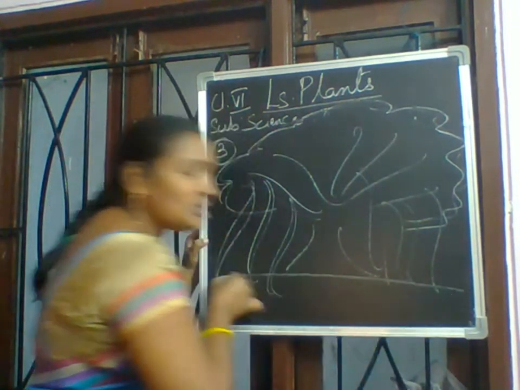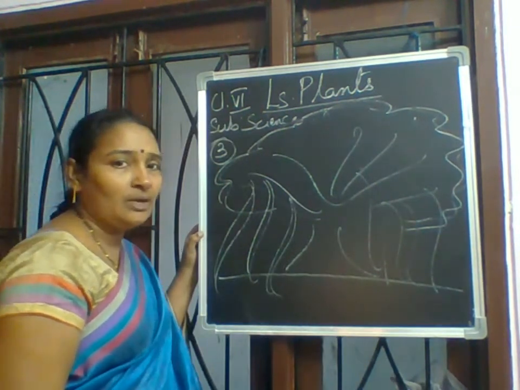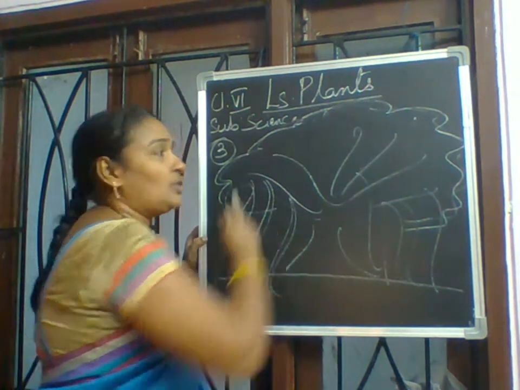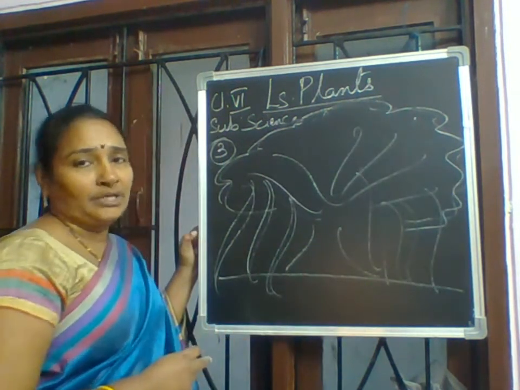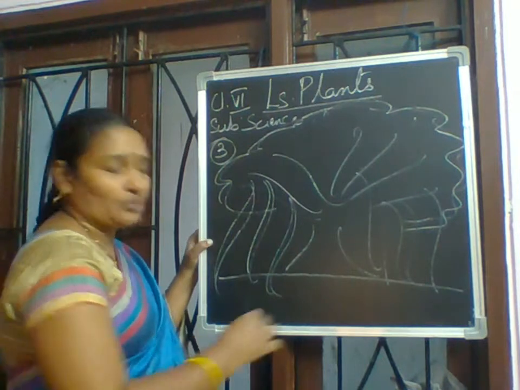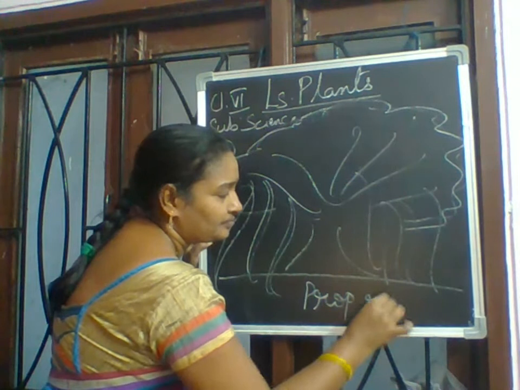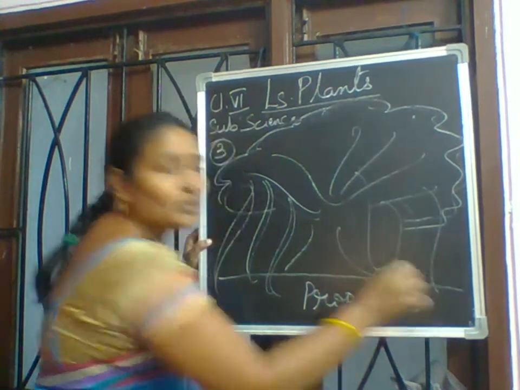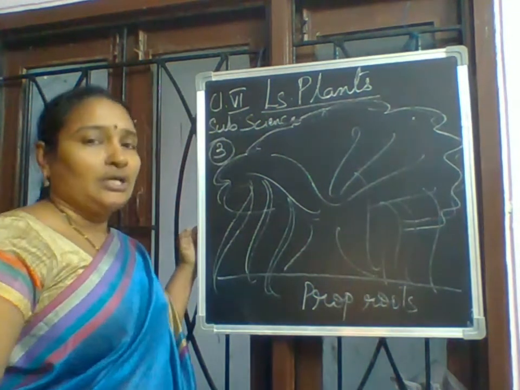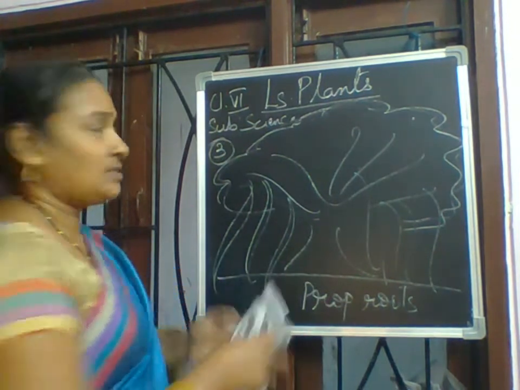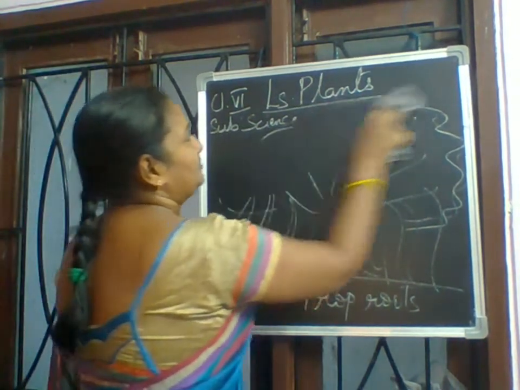They even touch the soil. Why? Because it gives support to the whole tree. This kind of roots are called prop roots. Okay. Now we will go to the next modification.